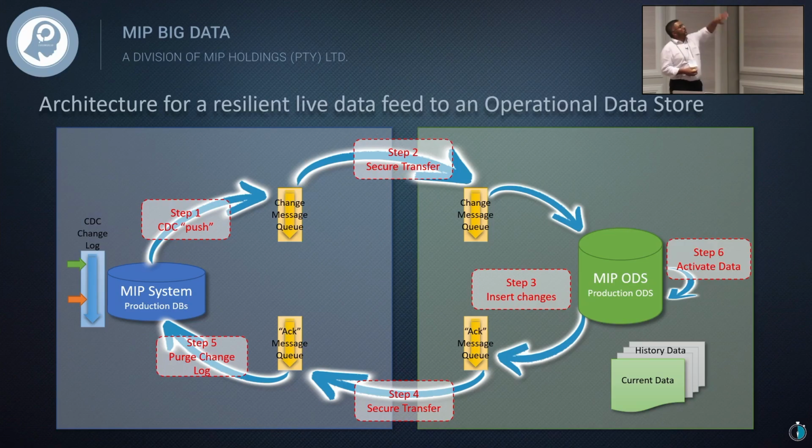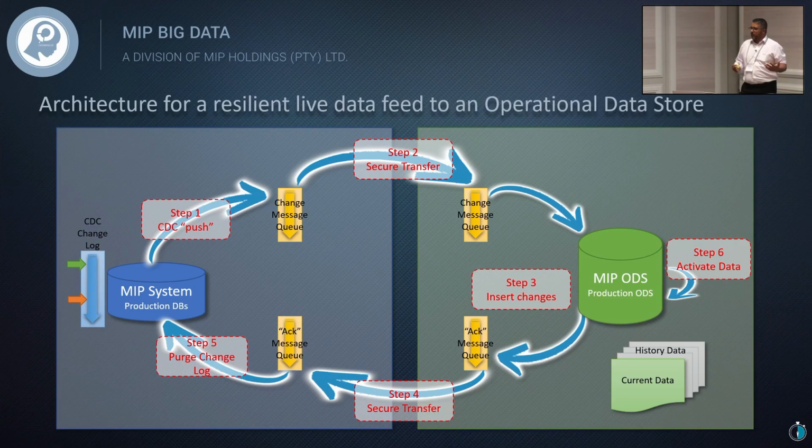All right, so in this picture, the box on the left would typically represent your production machine, and the box on the right would typically represent your ODS, or operational data store. And what we've done is on our production Progress databases, we enable CDC, and that starts tracking changes in the database.